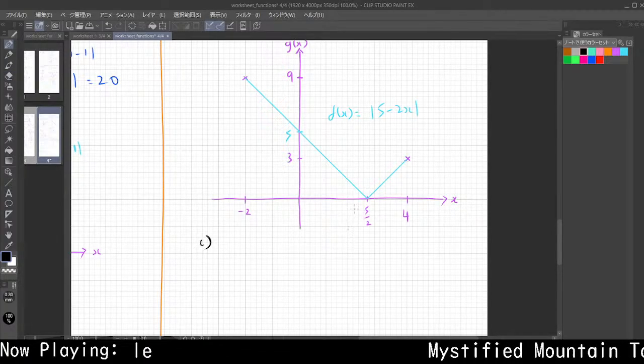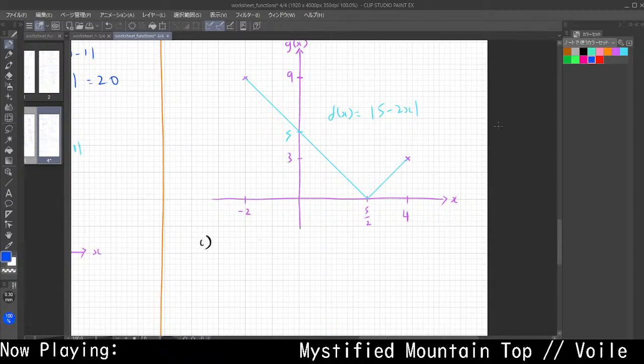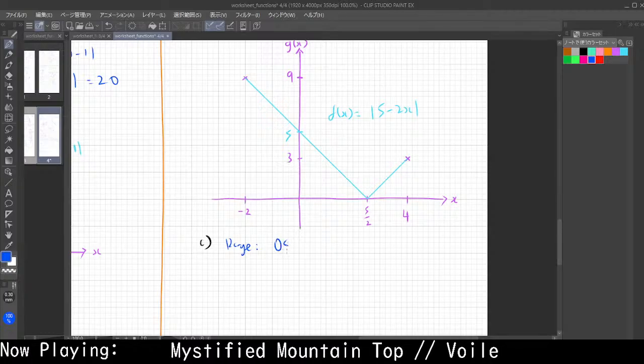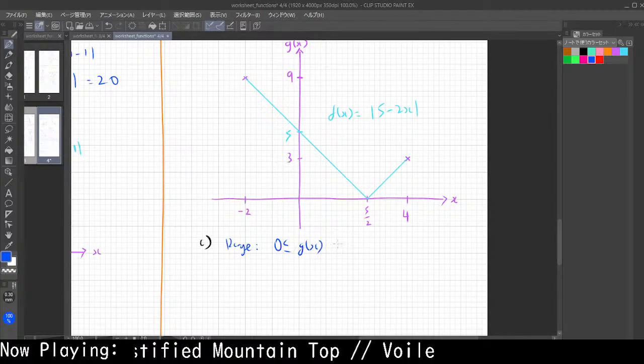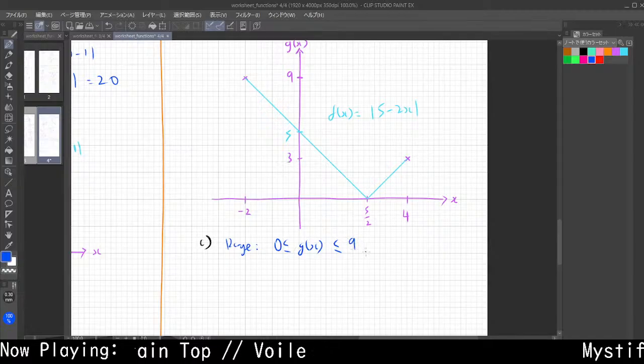So question C, same thing, say the range. Values from 0, the bottom, to the top, 9. gx between 0 and 9. Okay, done.